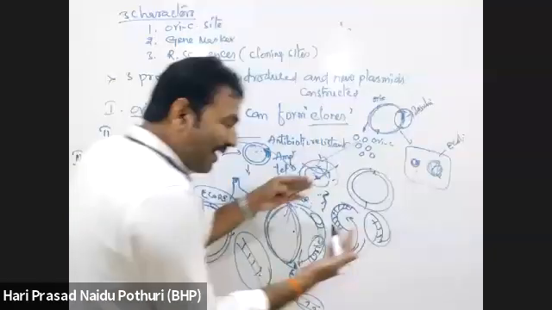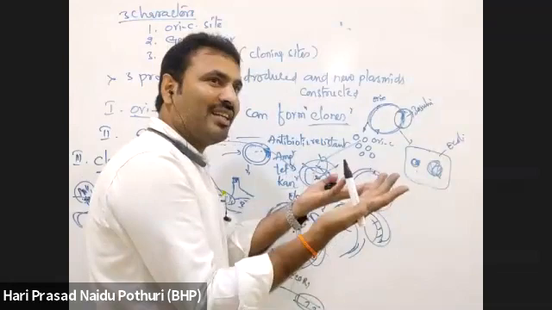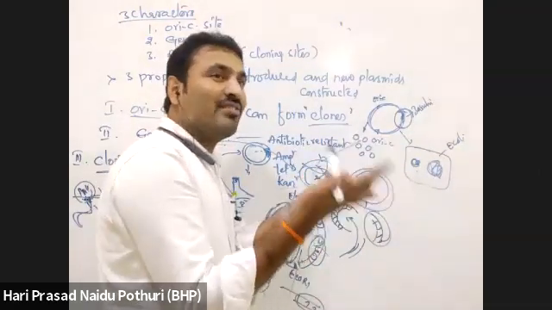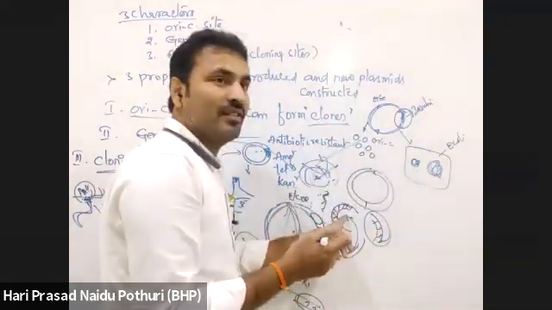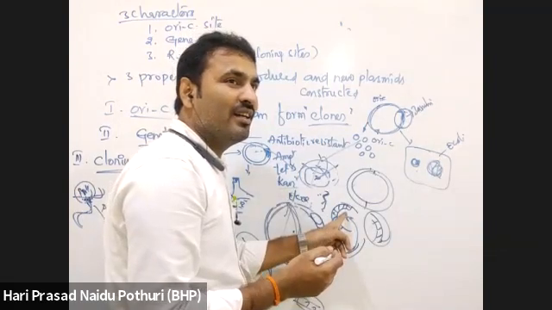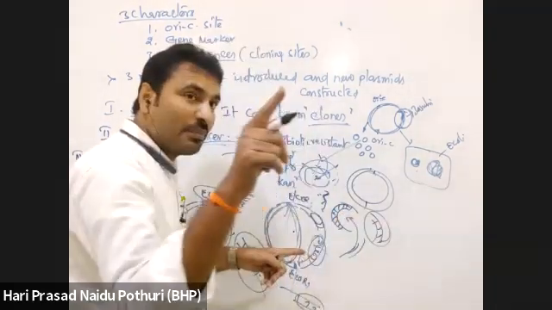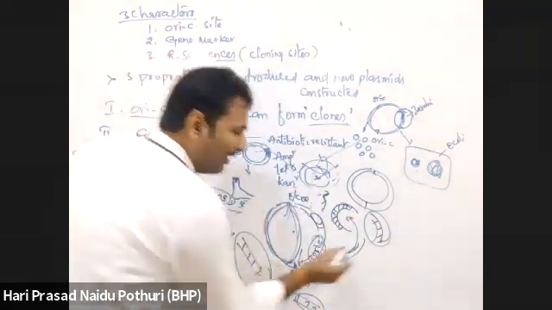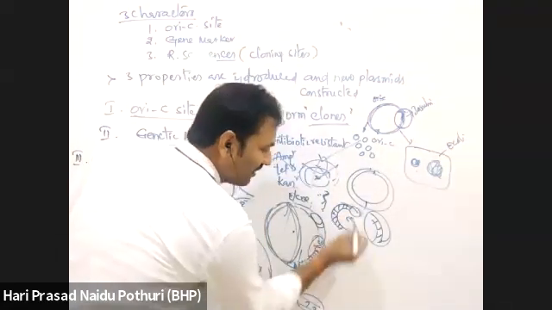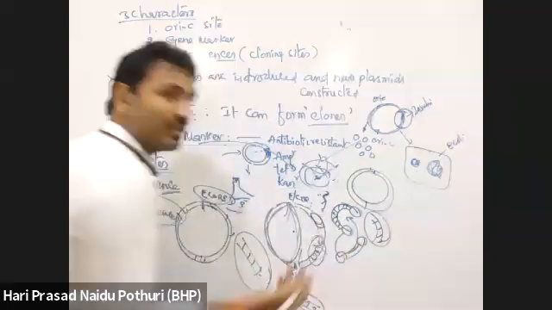By joining by chance. Anything can happen. Nothing is impossible in this. This fragment is combining with this, and this is combining with this. Both sides it is joining.